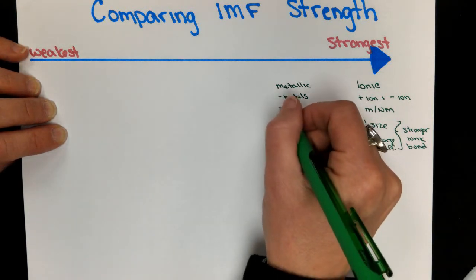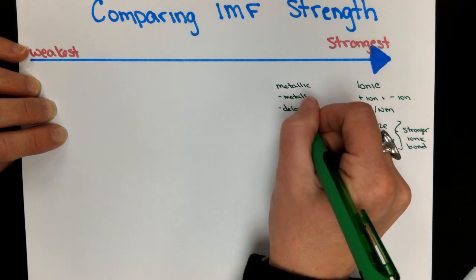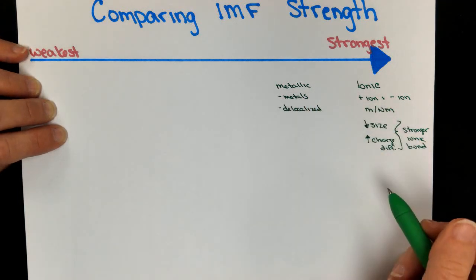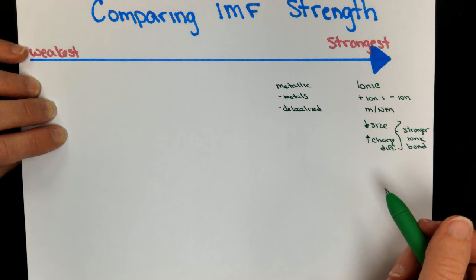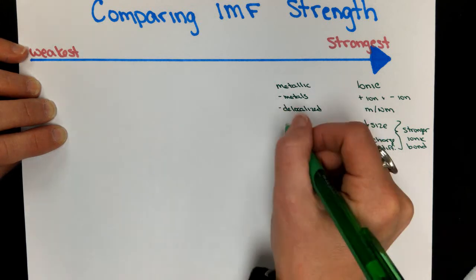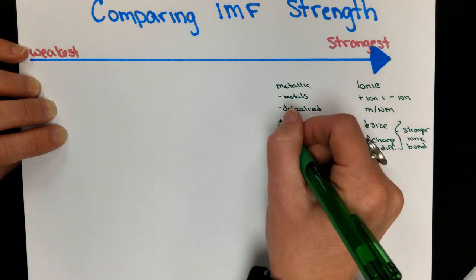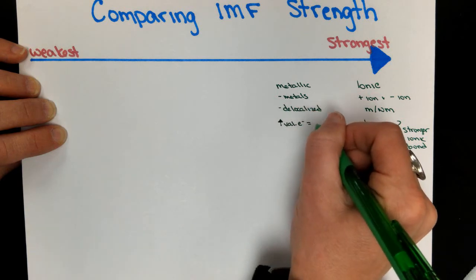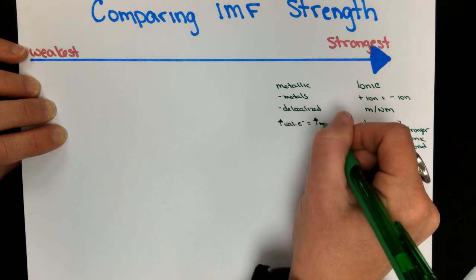Our key word here is delocalized, because remember, the electrons are going to be floating in this little sea of electrons between those positive nuclei of the metals. We did say that the more valence electrons that we have means that we have a stronger metallic bond.